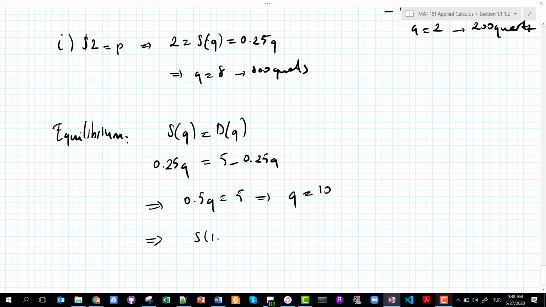So under the 10, which is 1,000 strawberry quarts, you can figure out what the right price would be. As you see, that would be 2.5. So at the equilibrium point, the price would be equal to $2.5, guys.